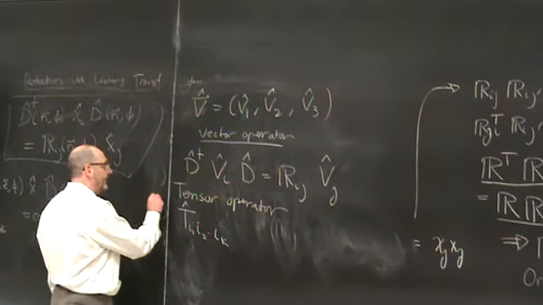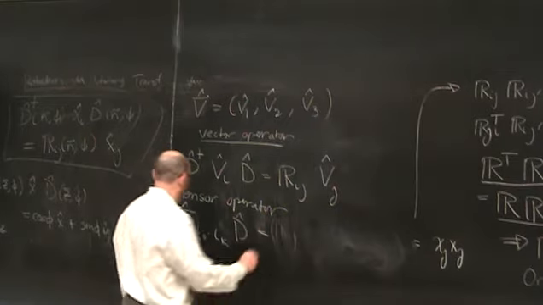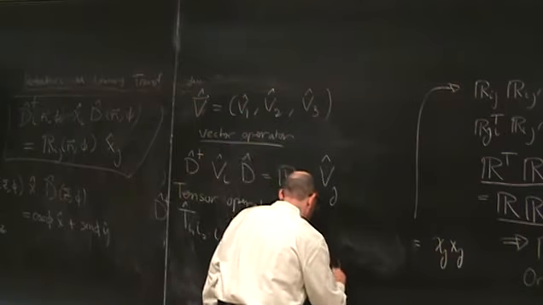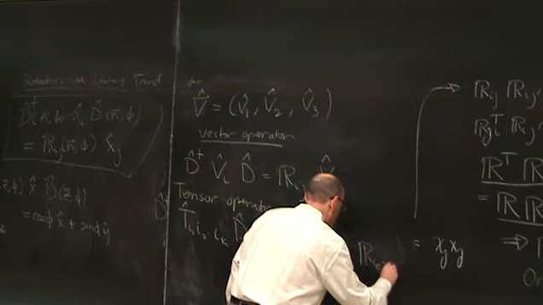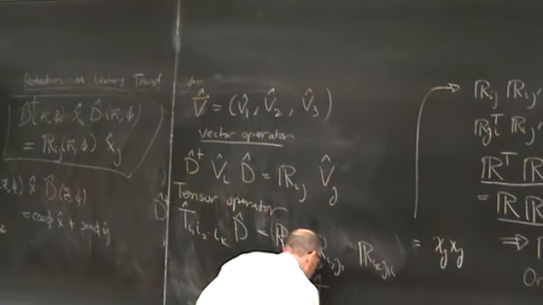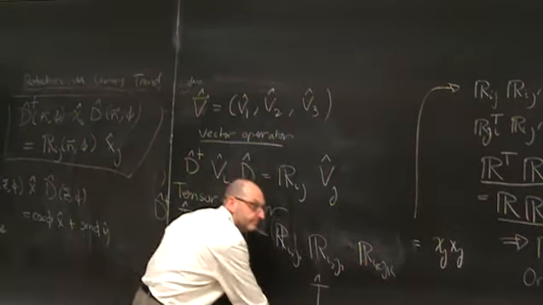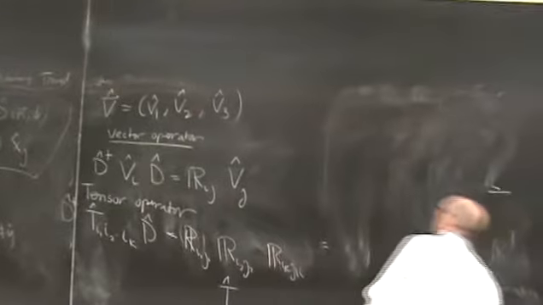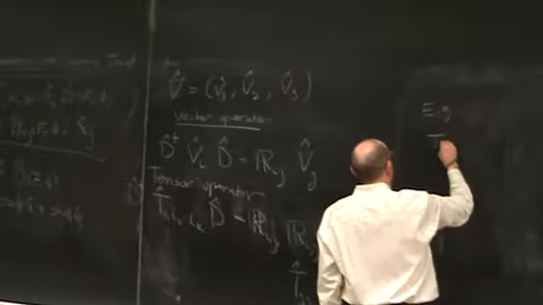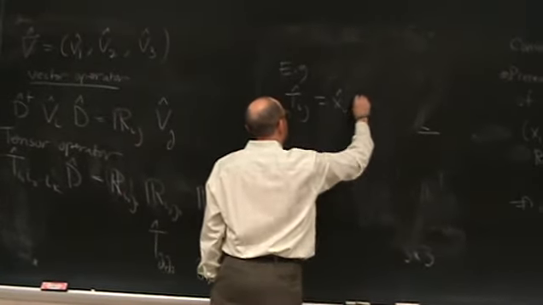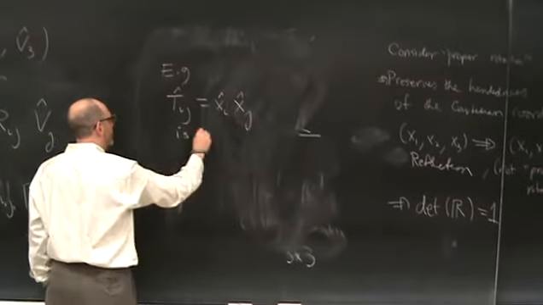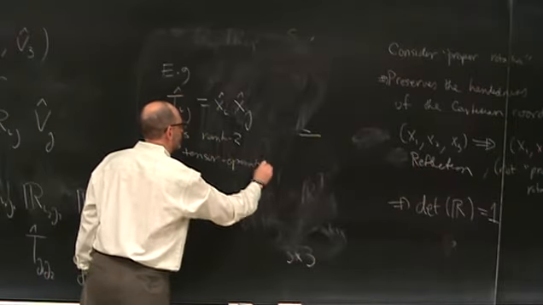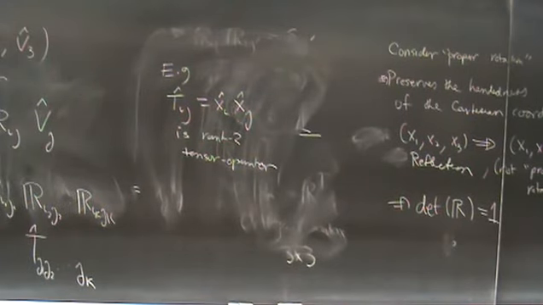And again, it must be the case that if I do the unitary transformation on this, I get this usual transformation on the components. So for example, this is a rank 2 tensor operator. And what we want to study are the properties of these tensor operators.